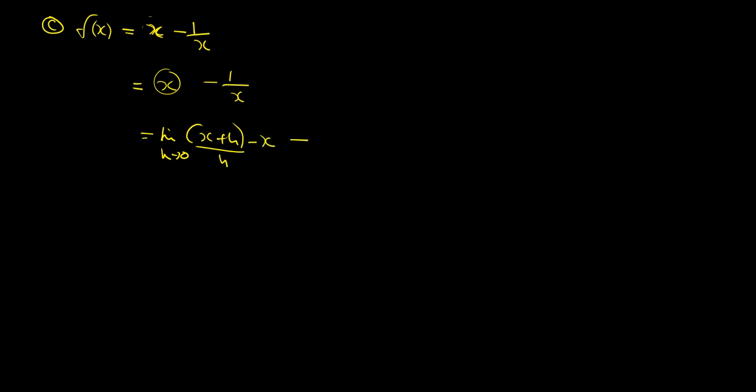Then minus the limit as h approaches 0 of this one as well. So we have x plus h in the bracket there, then minus the same function, which is 1 over x. Okay, so this is how we'll be moving.